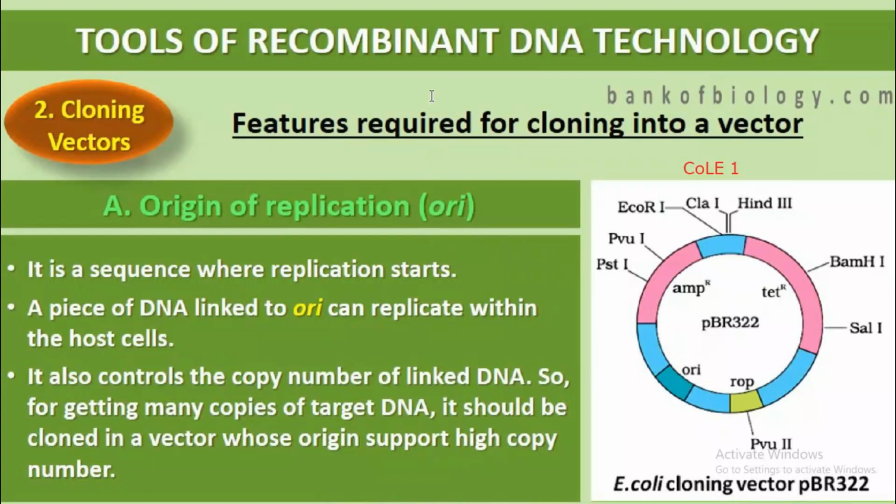Three more genes are added to ColE1 and it is modified as pBR322. Ori is there, the tetracycline resistance gene is there, the ampicillin resistance gene is there.